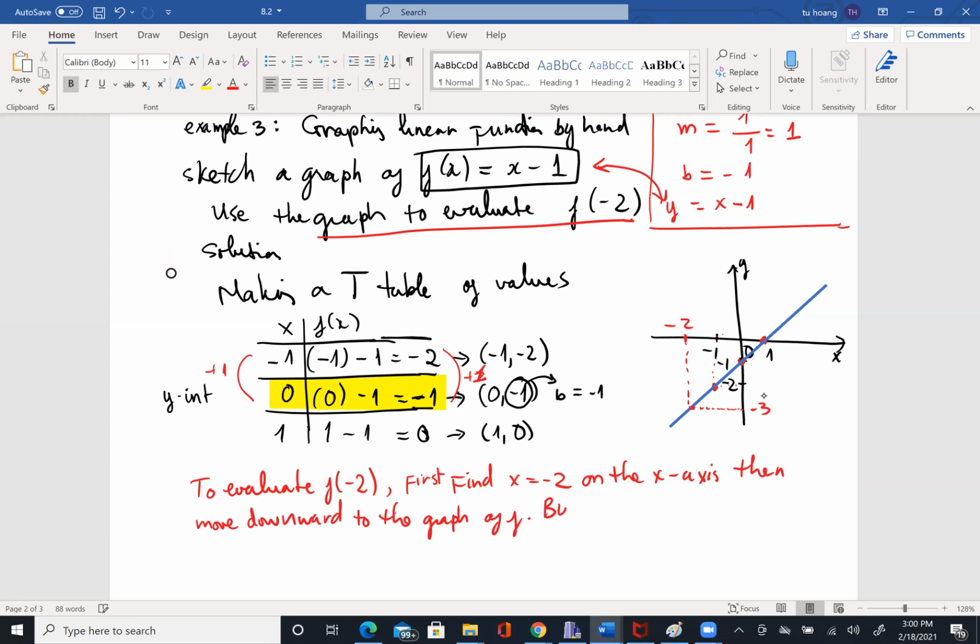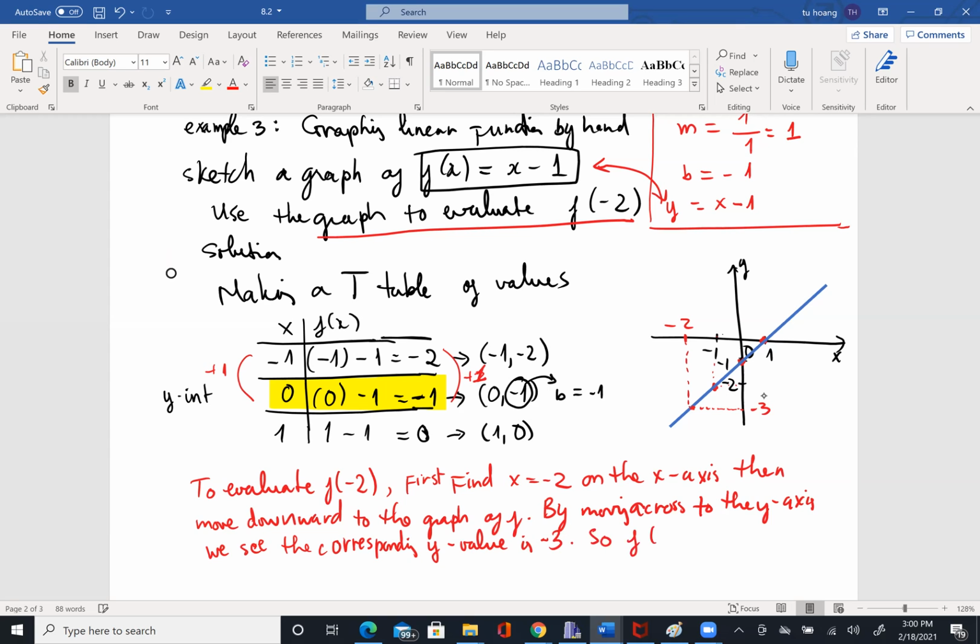By moving across to the y-axis, we see the corresponding y value is -3.